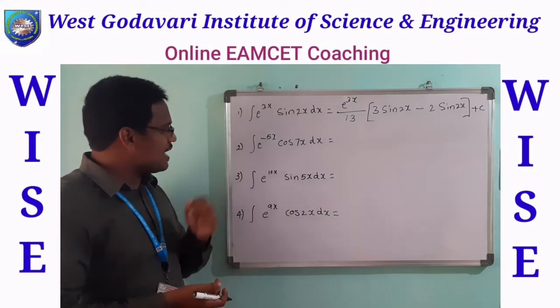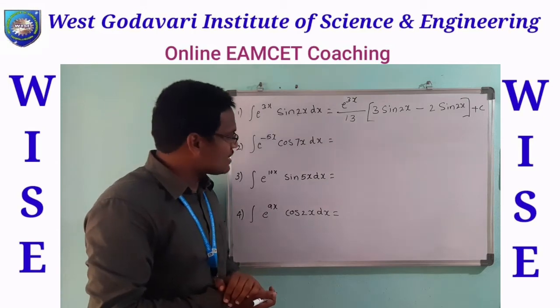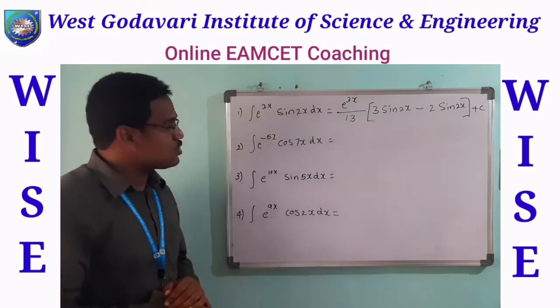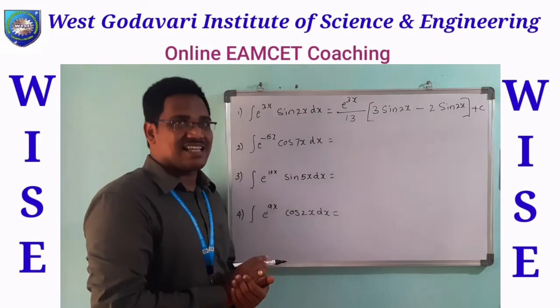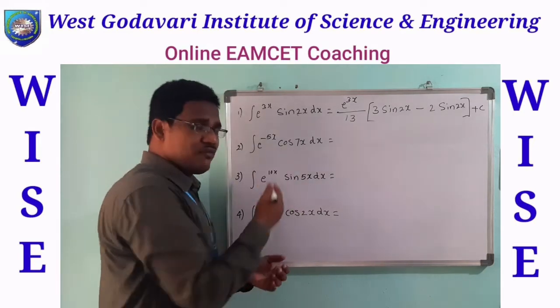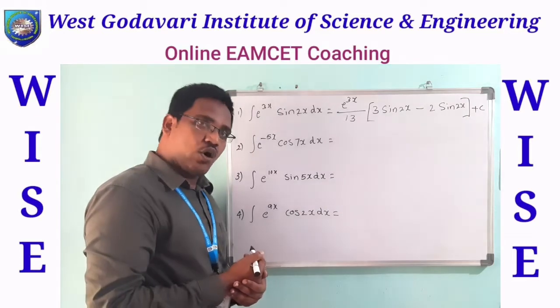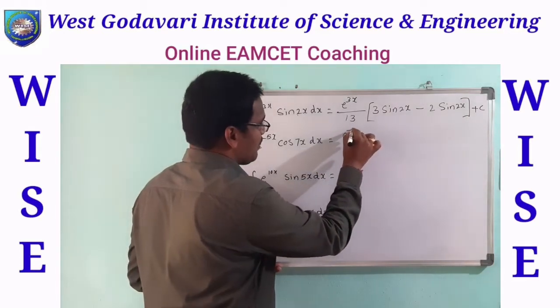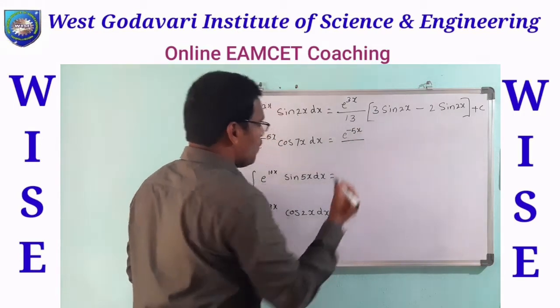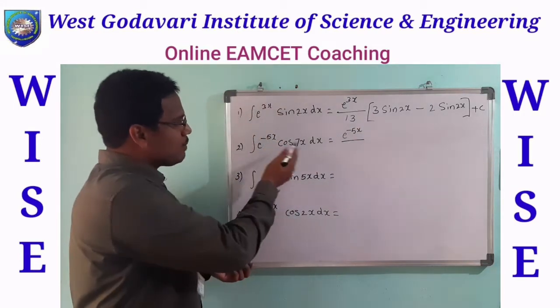The second one is the integral of e power minus 5x cos 7x dx. Here the value of m is minus 5 and the value of n is 7. So this is in the form of integration e power mx cos nx dx. Now e power mx, that means e power minus 5x, whole by m square plus n square.